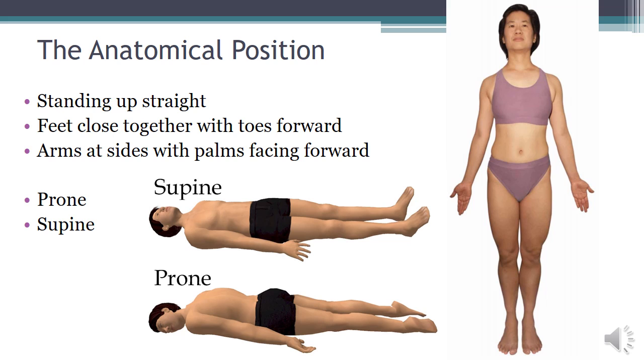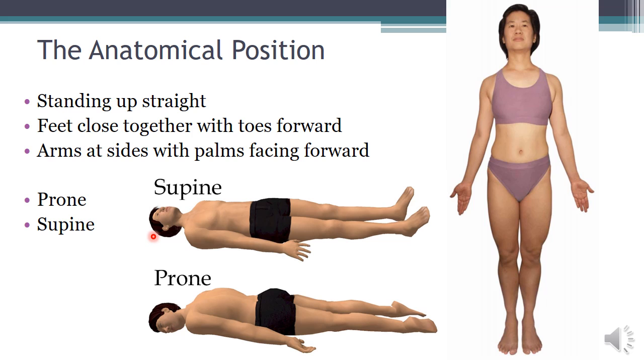The arms must be at the person's sides with the palms facing forwards, not with your palms facing your thighs, kind of in the natural position. Put your palms facing forward, like you see the woman in the image here doing. Okay, notice the laser pointer and the position of her hands.